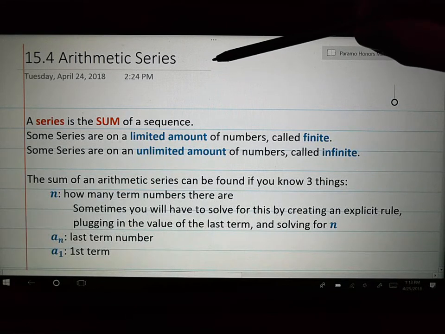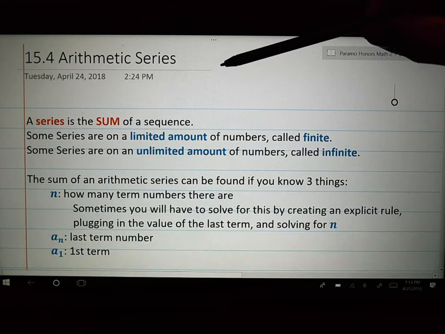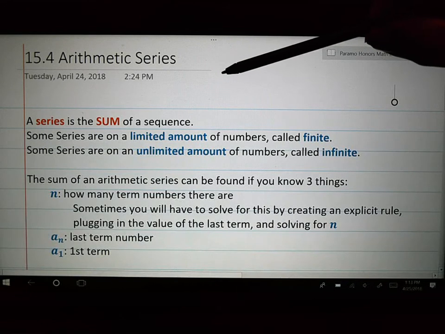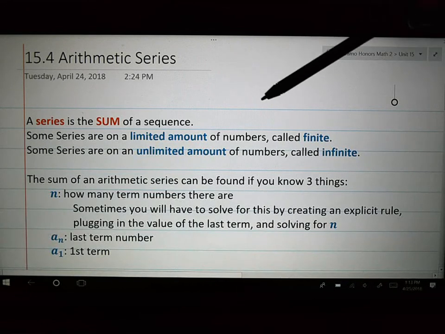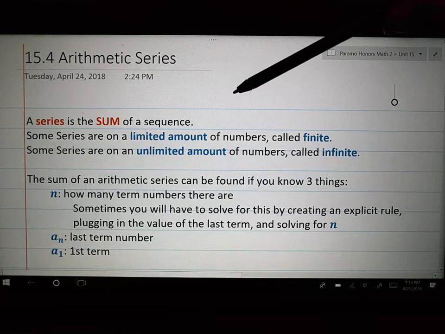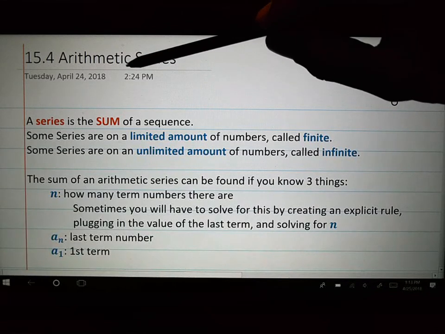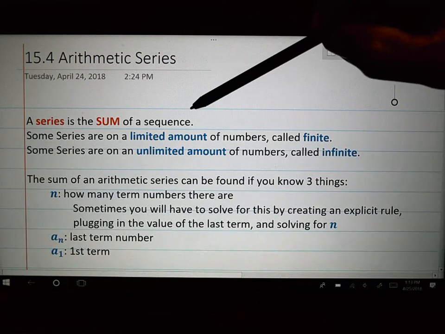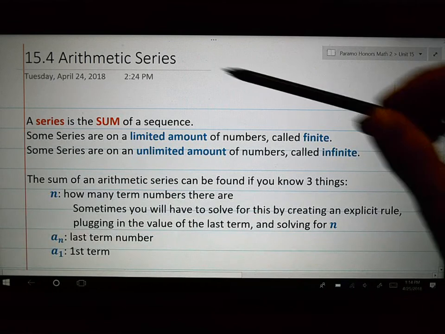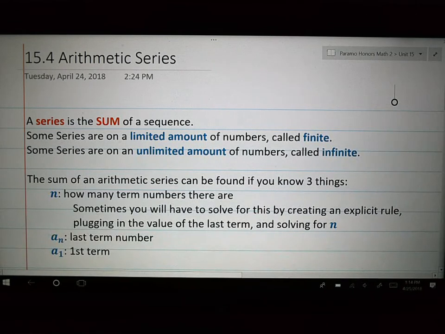Everything that you've done in 15.1, 2, and 3 were things that you have dealt with before somewhere in Advanced Math 8 or in Math 1. So what is nice about 15.4 and 15.5 is that you have not seen what a series is.